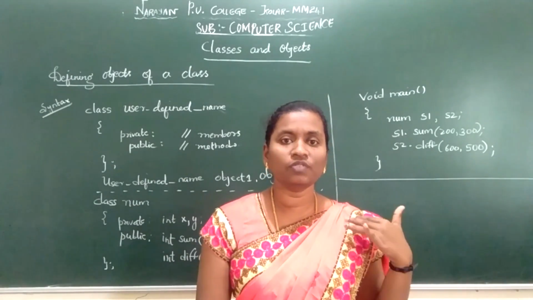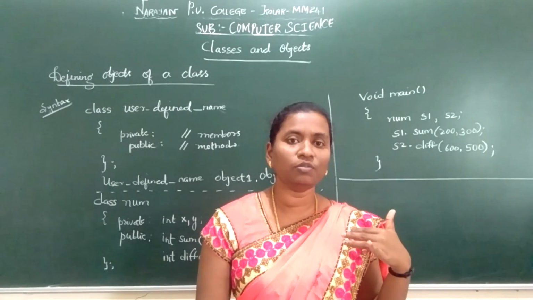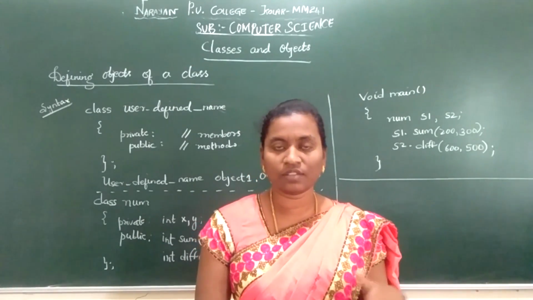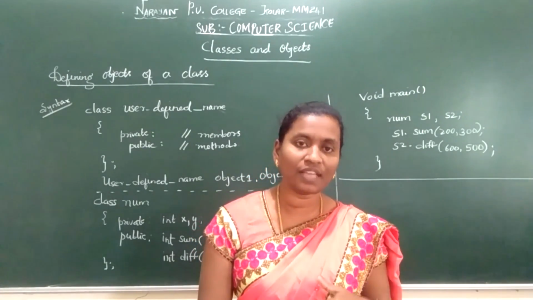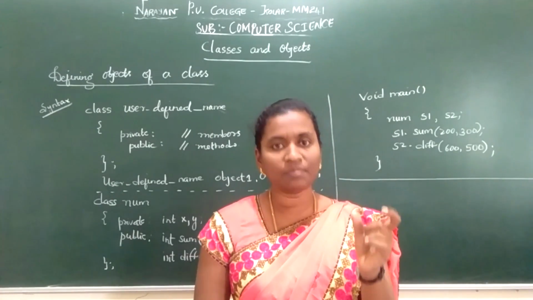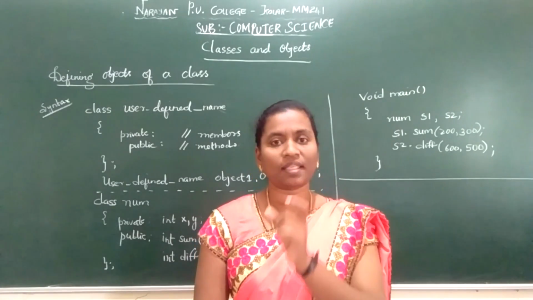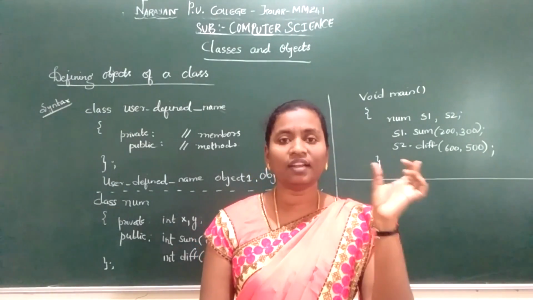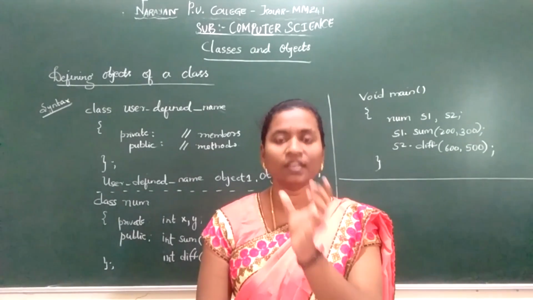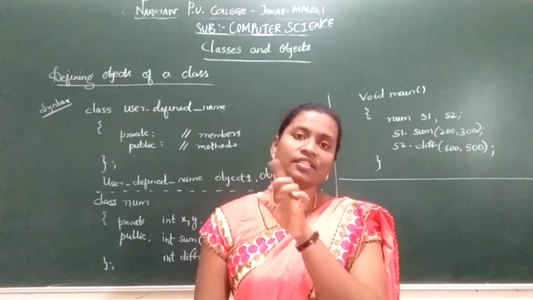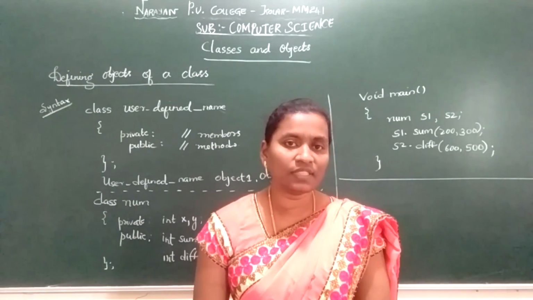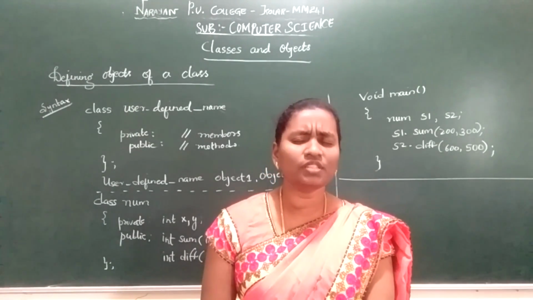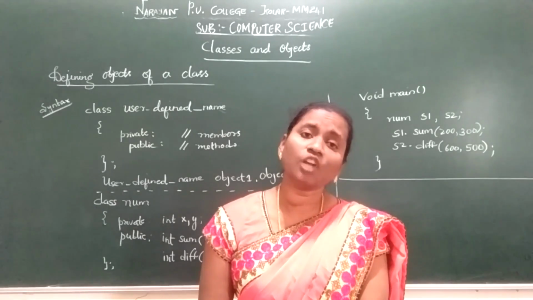The syntax is: return type, class name, scope resolution operator, then the member function, with the arguments passed inside the brackets. Based on this you implement how to define the member function outside the class.